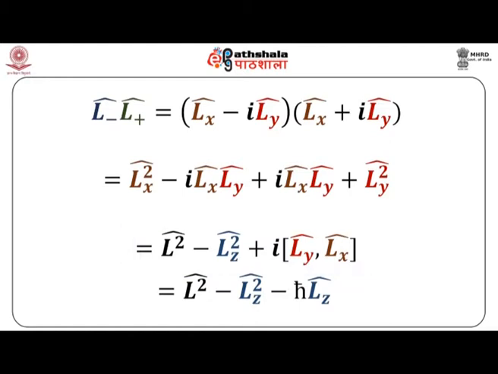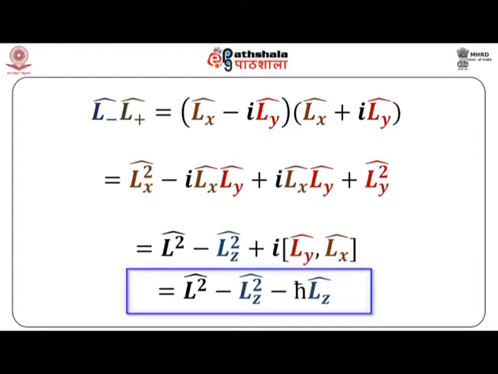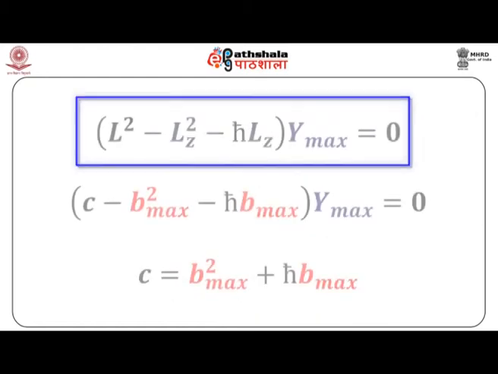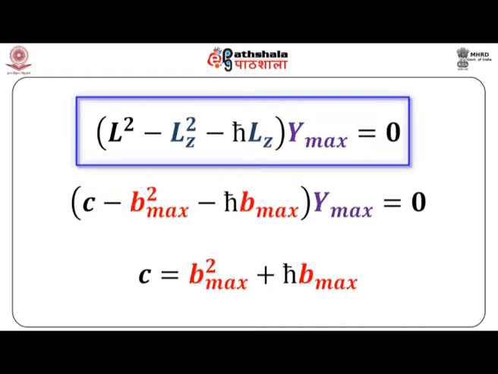With this we obtain the final expression for the multiplication of ladder operators: L minus L plus is equal to L square minus Lz square minus h cross Lz. With this the expression now becomes L square minus Lz square minus h cross Lz ψmax equals 0.